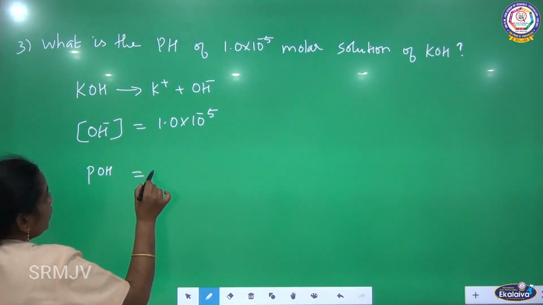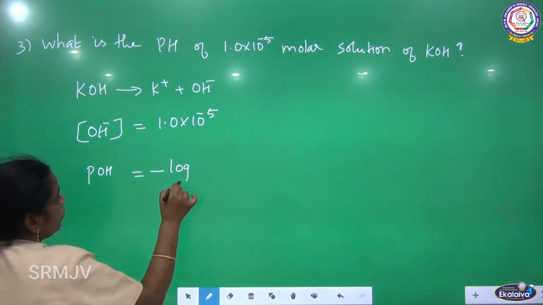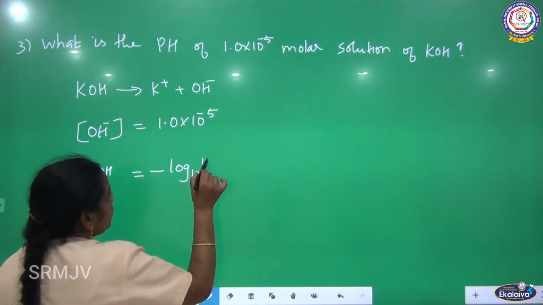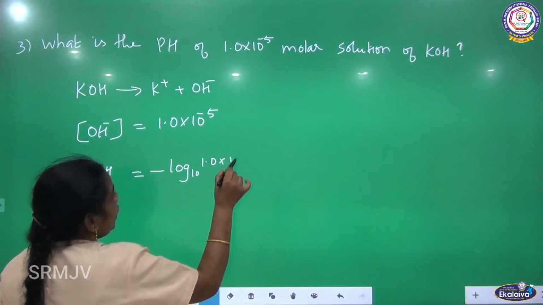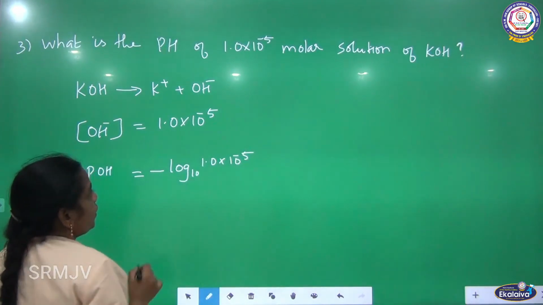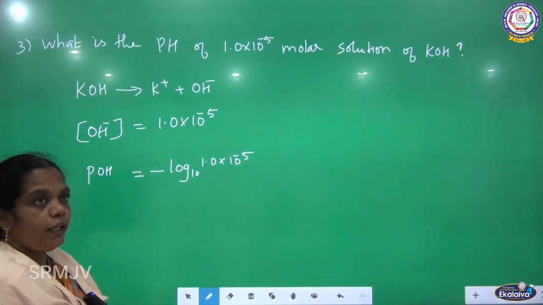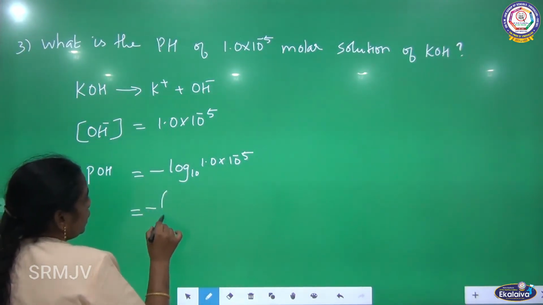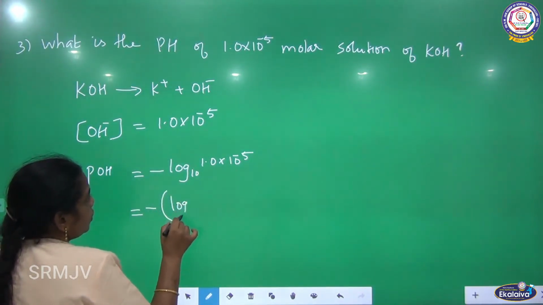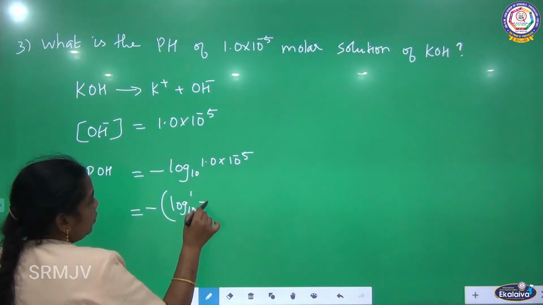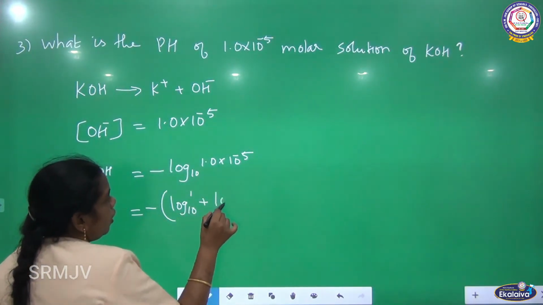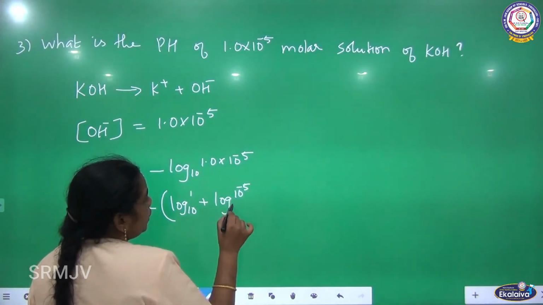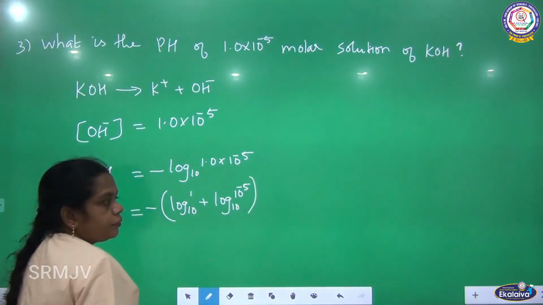pOH equal to negative log to the base 10 of the concentration 1.0 into 10 to the power minus 5. Again you have to apply the law of product: minus log 1 to the base 10 plus log 10 to the power minus 5 to the base 10.